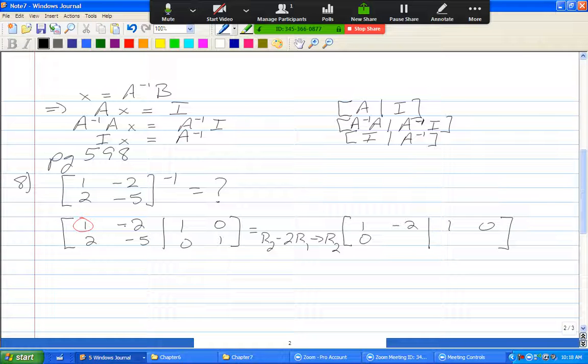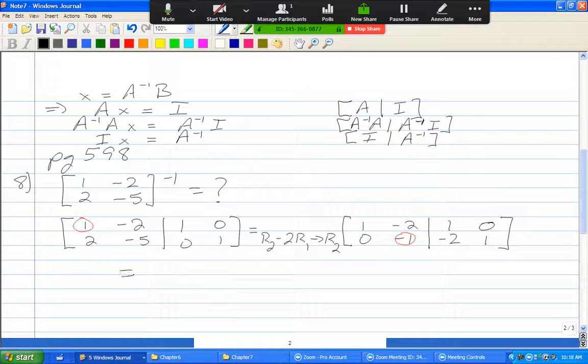Negative 5 minus 2 times minus 2, so 4 minus 5, negative 1. 0 minus 2 times 1, negative 2. 1 minus 2 times 0 is 1. Let me pivot.